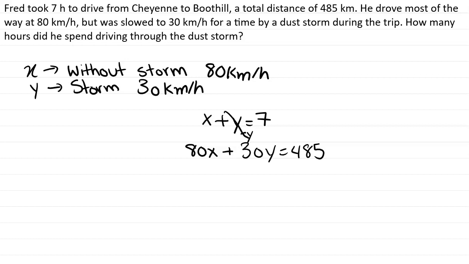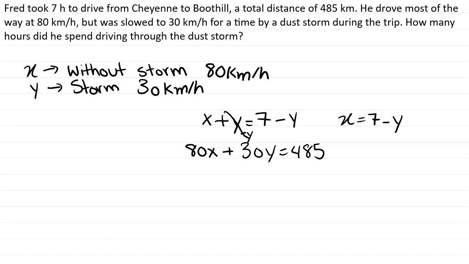And positive and negative cancel out, so we have 0 left. Since we subtracted y on this side of the equation, we have to do it to the other. And we have x is equal to 7 minus y.